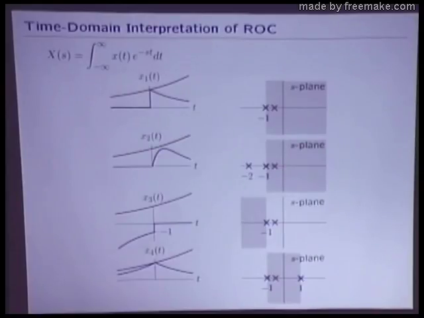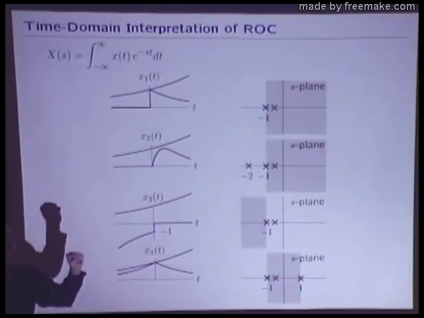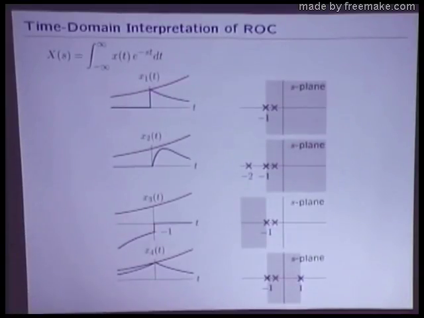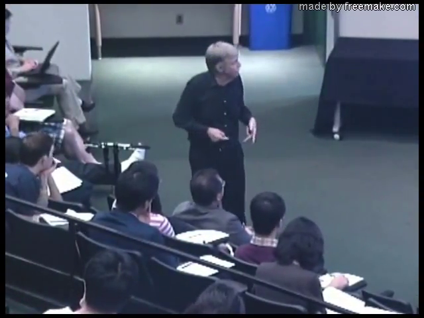So I'm in the region. Here, it's exploding in a region of time that I don't care about. And it's convergent for this region of time that I do care about, but it's not convergent enough. So the integral still diverges. I'm not in the region.